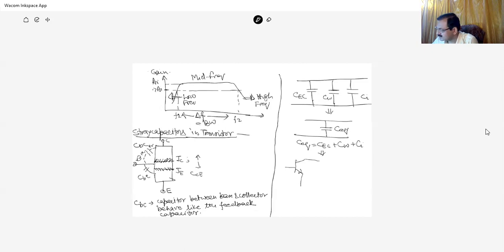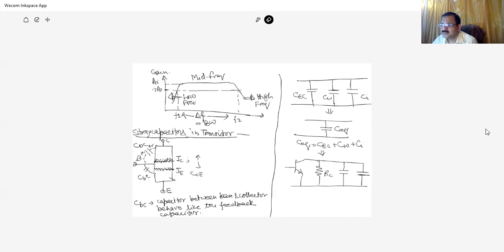This is the capacitor. Here is a resistance, RC, and there is one capacitor here, and one capacitor here, with the resistance.